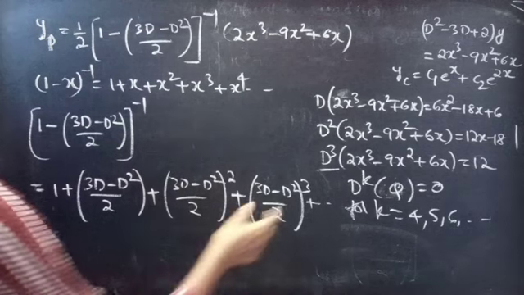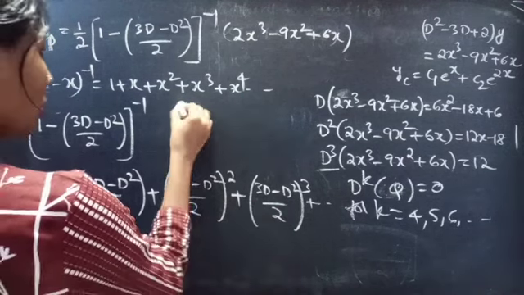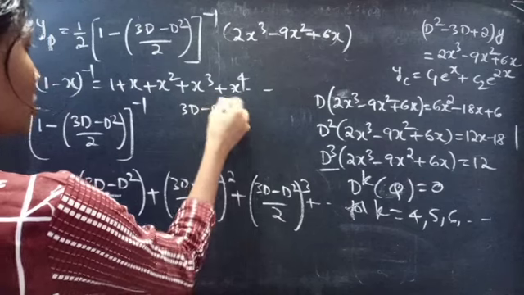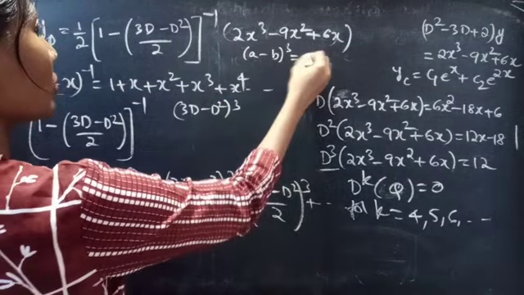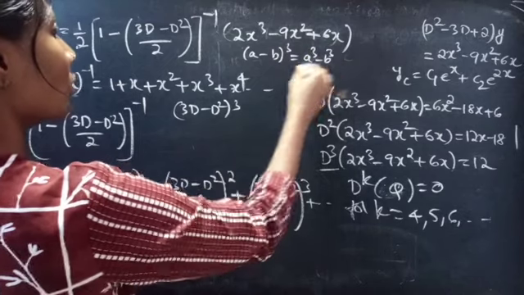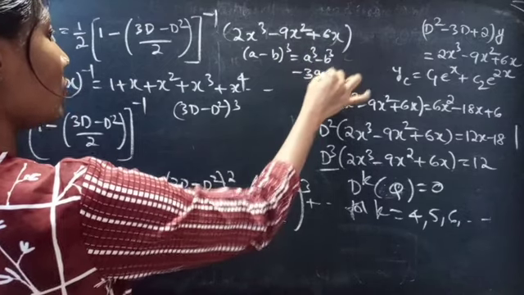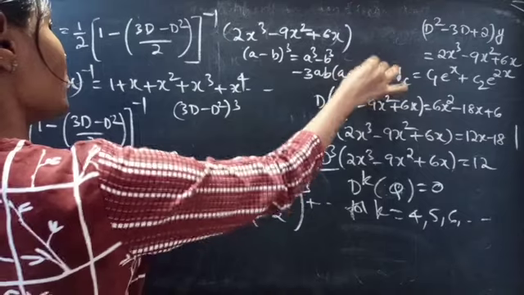Firstly, let's expand (3d minus d square) whole cube using the (a minus b) whole cube formula, which is a cube minus b cube minus 3ab into (a minus b).